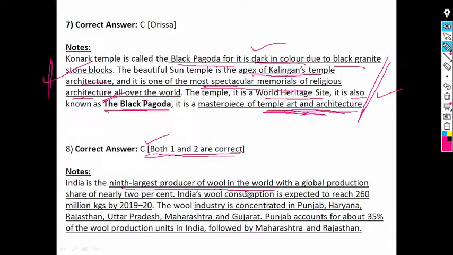India is the 9th largest producer of wool in the world, with a global production share of nearly 2%.